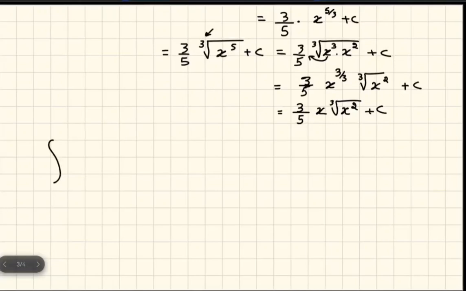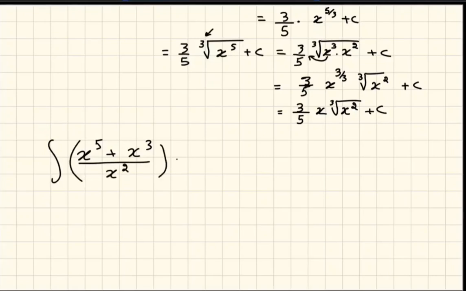Now, let's say we have the integral of x exponent 5 plus x cubed over x squared. Now, I can separate the fraction inside and write it as x exponent 5 over x squared alone plus x cubed over x squared alone.